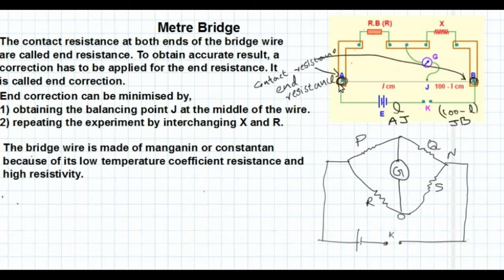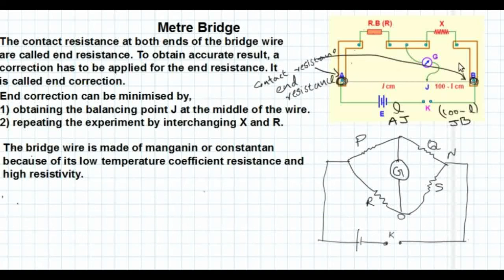Then finally, this wire of length 1 meter is made of manganese or constantan. So the bridge wire is made of constantan or manganese because of its low temperature coefficient of resistance and high resistivity. We have discussed the importance of the temperature coefficient of resistance and resistivity in the previous class. So in order to have a good result, we want a wire the resistance of which should not vary with the temperature.